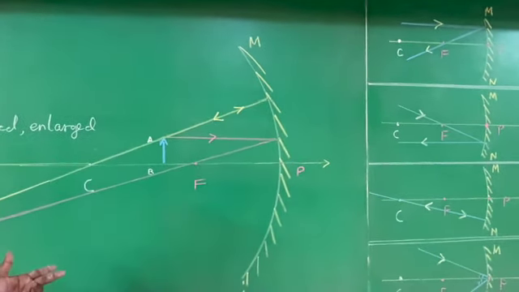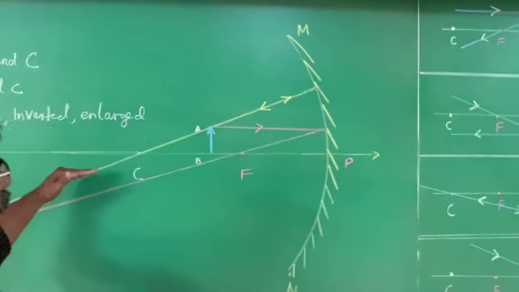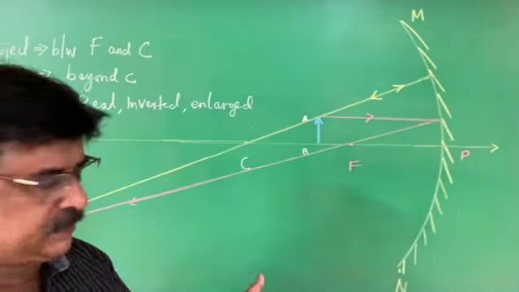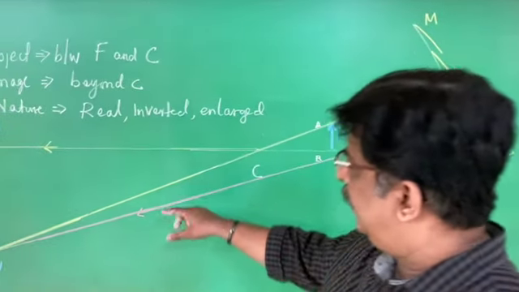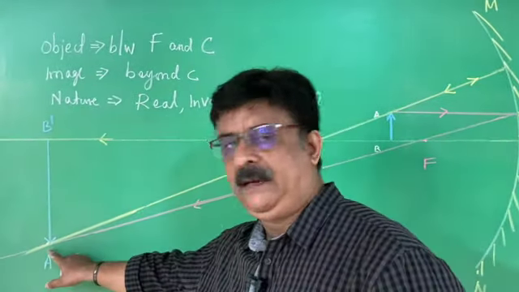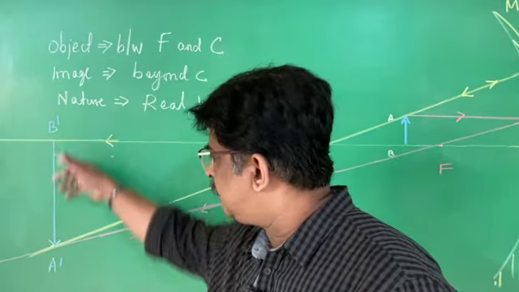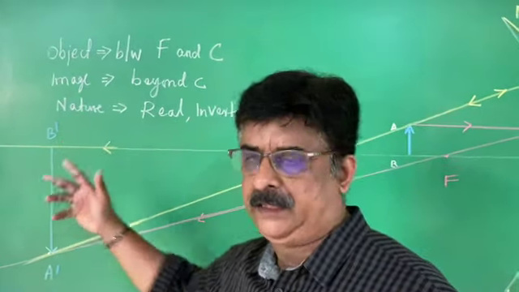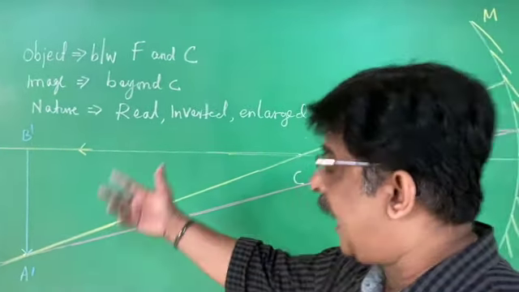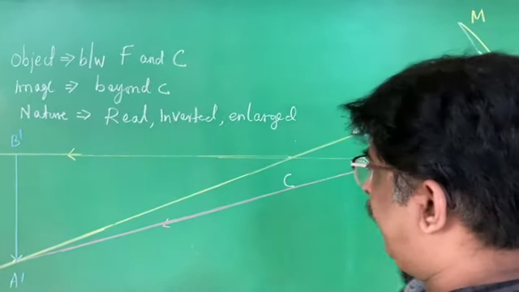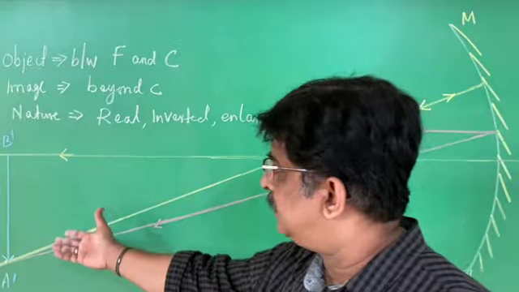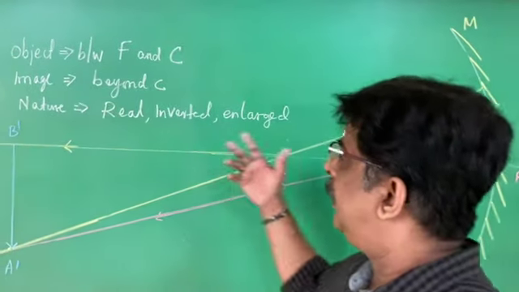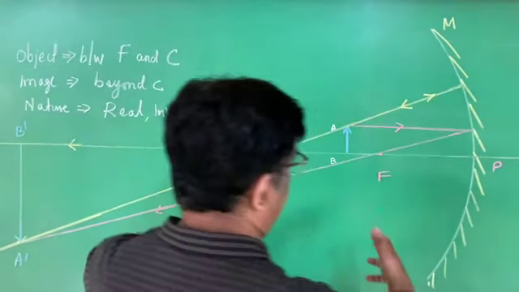The second condition is the ray of light passes through the center of curvature. Both the reflected rays are going to intersect beyond the C to form an image. The image looks enlarged, and it lies in front of the mirror, therefore it is real. Real images are inverted. That is also verified. Very nice ray diagram of this condition.